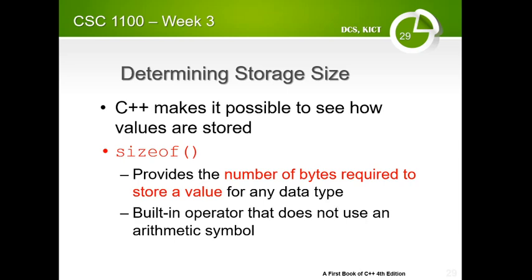So selecting a particular data type is really important if you want really good and efficient programming, right? The wrong data type could be excessive or wasteful in terms of using memory in your program.